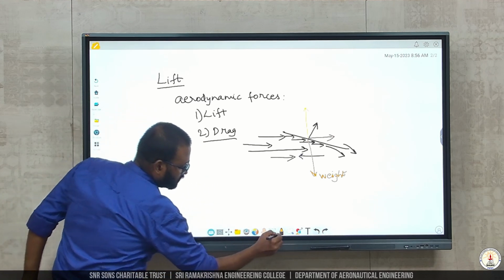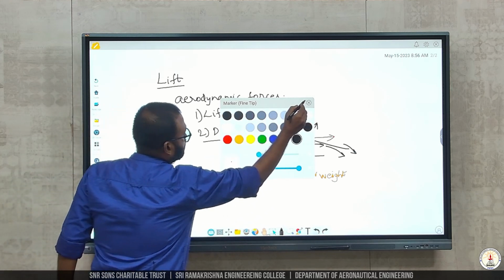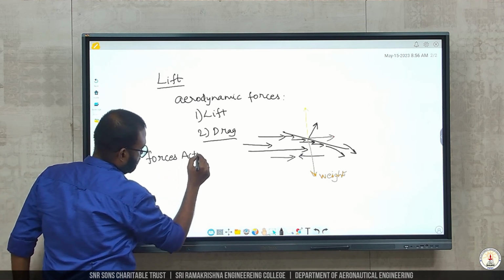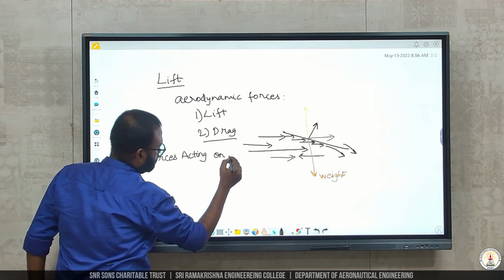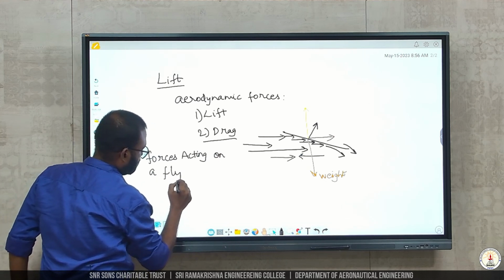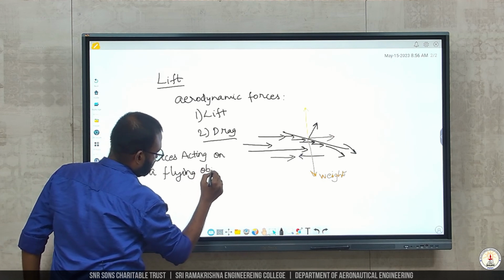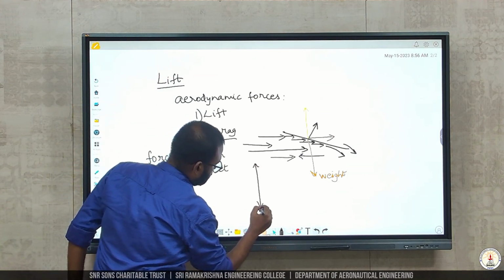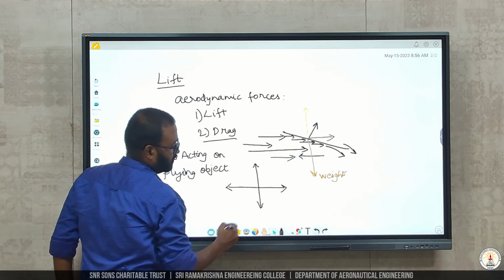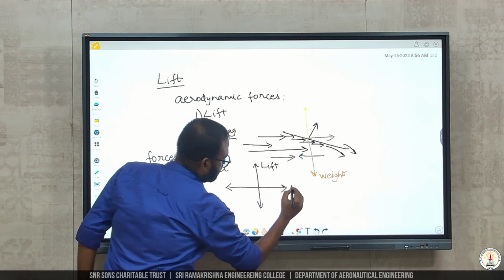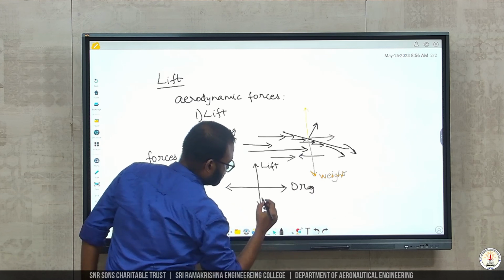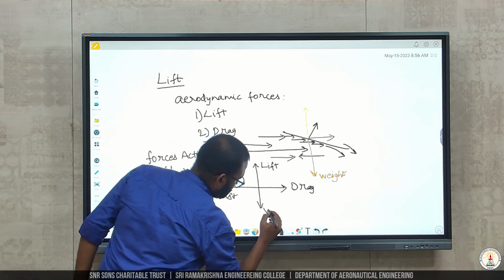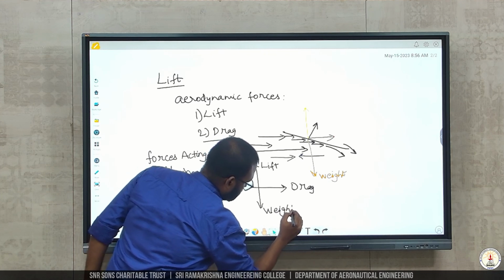So the forces acting on a flying object are lift, drag, thrust, and weight.